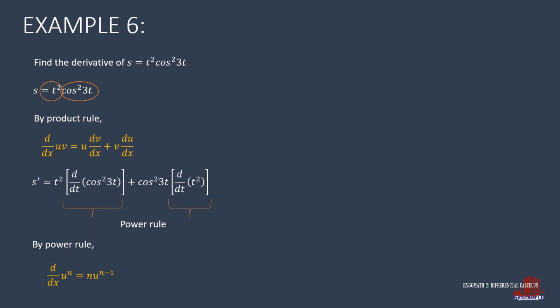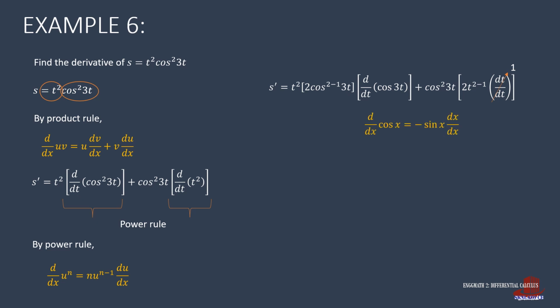Now s prime has t squared times 2 cosine of 3t times the derivative of cosine 3t plus cosine squared of 3t times 2t times dt all over dt, which is reduced to 1. At this point, the only derivative remaining is that from the first term, and it involves a trigonometric function.